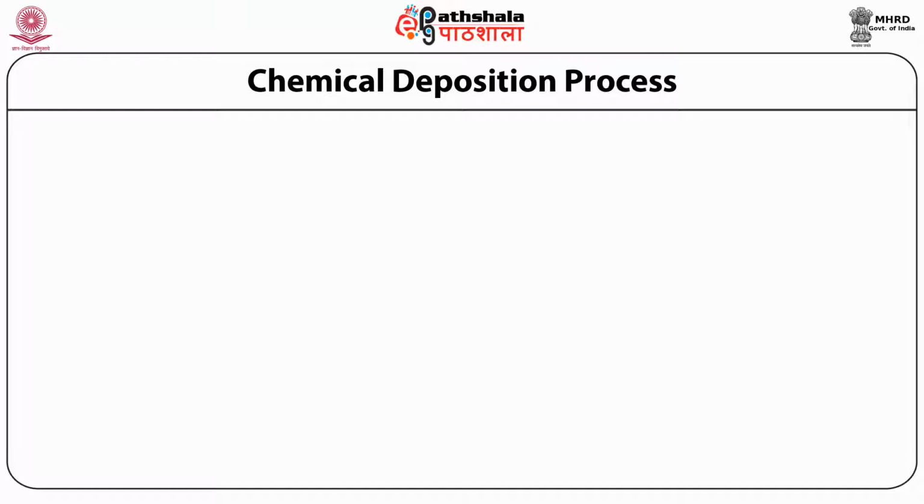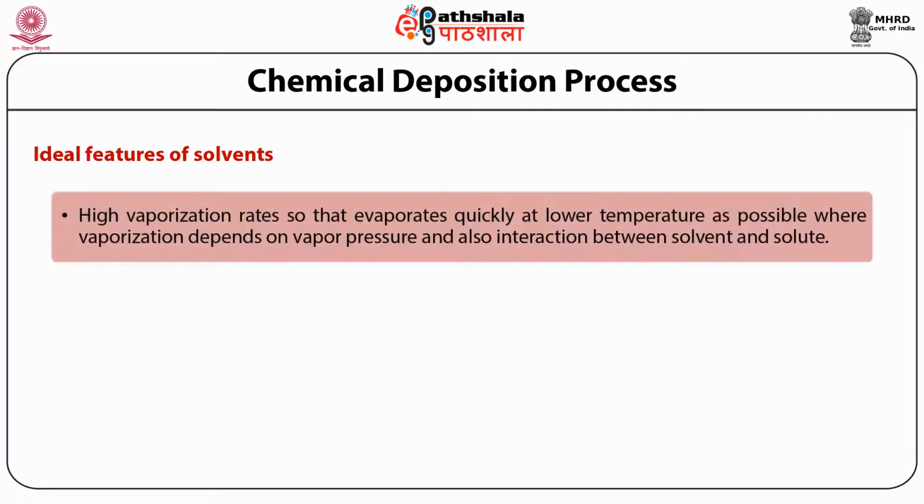Now after seeing the features of an ideal precursor, let's see the ideal features for a solvent. For an ideal solvent, high vaporization rates should be there so that it evaporates quickly at as low a temperature as possible, where vaporization depends on vapor pressure and also interaction between solvent and solute.